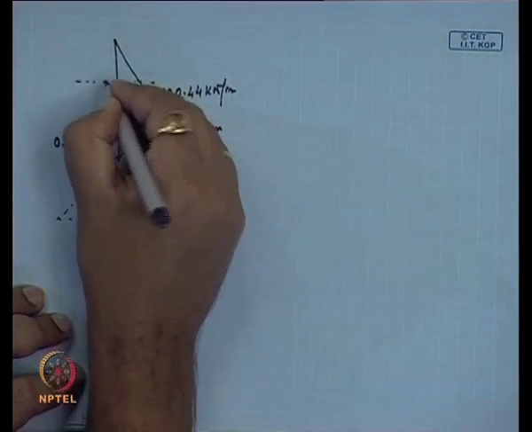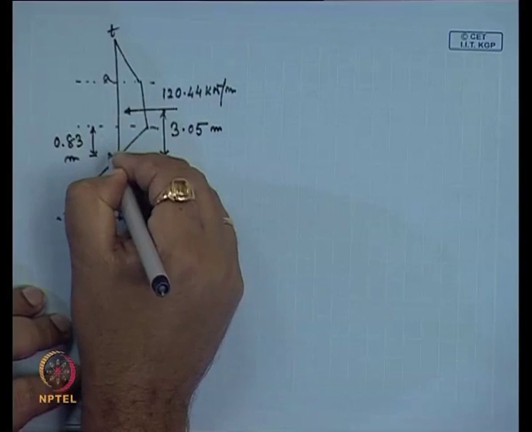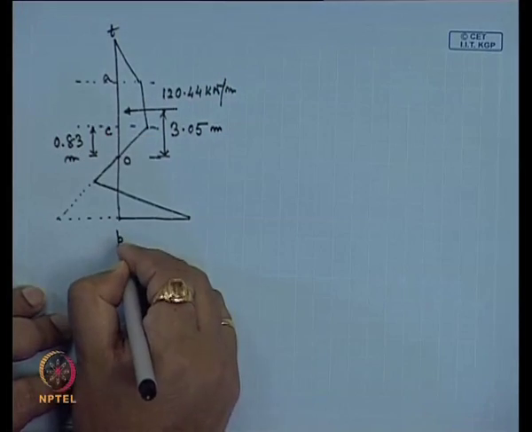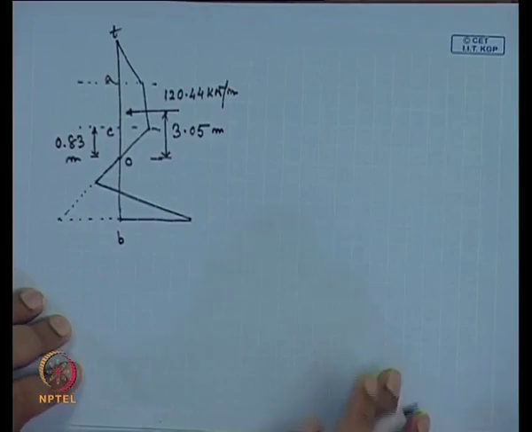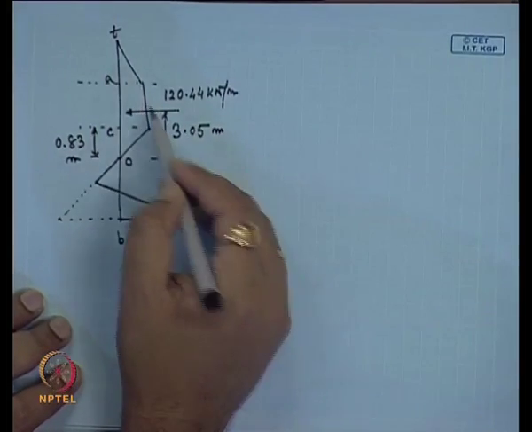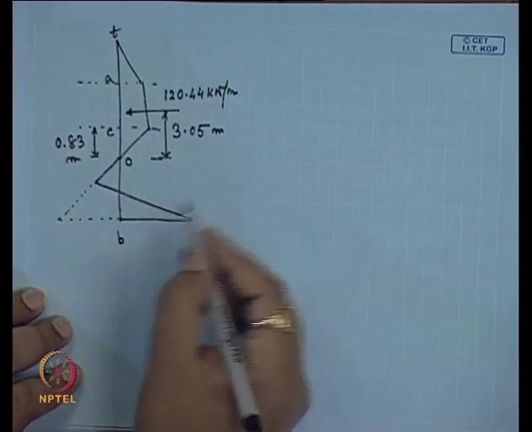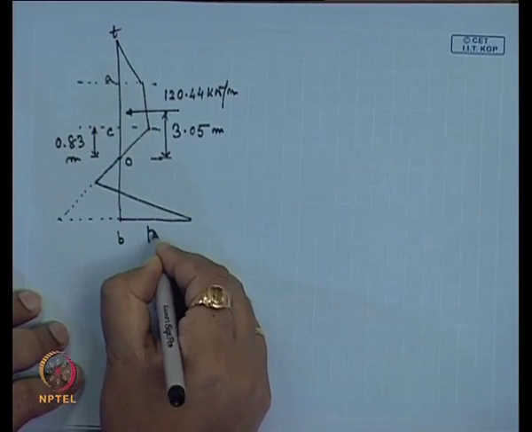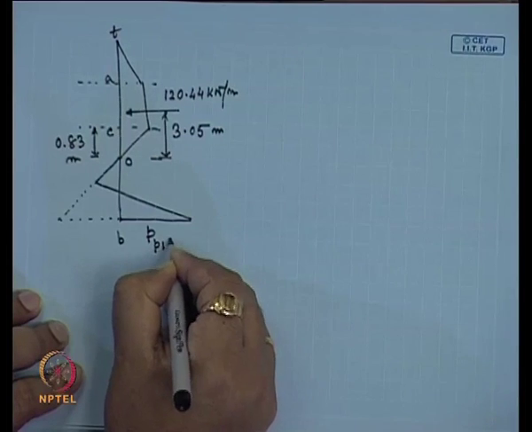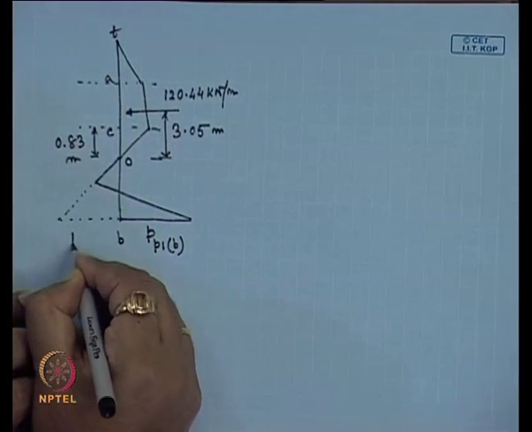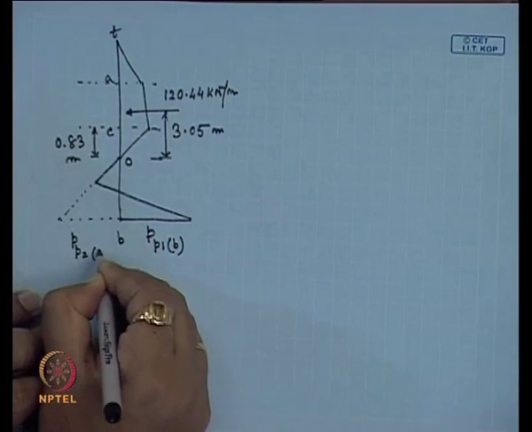So, this is O point, A point, T point, and C point, B point. This is the area force for this area, this is P A. Now, again if I write, this is P P 1 B, this is P P 2 B.